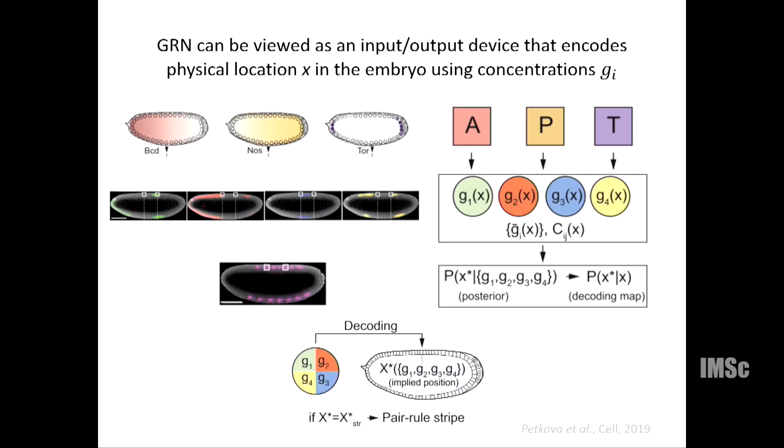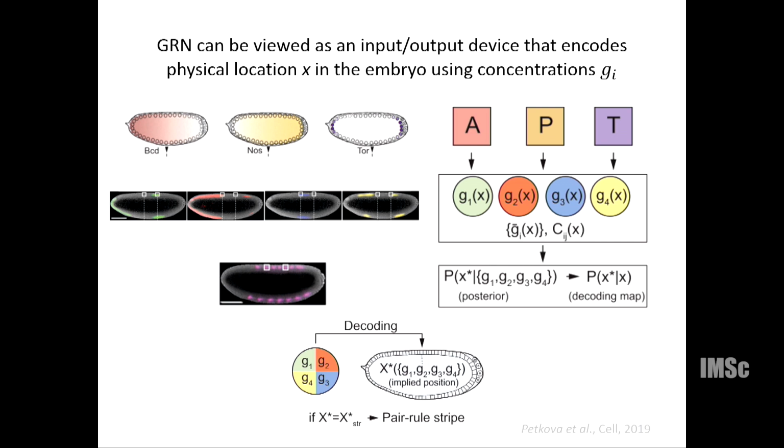And just to make a connection with this picture that I showed you before, the maternal ingredients here act as some initial source of positional information. Then this is recoded into these 4 gap genes, and these are these GIs. And then these GIs are measured, and you need both the mean at every x, and also, once you do more measurements, you could reconstruct the noise and then estimate the covariance matrix.